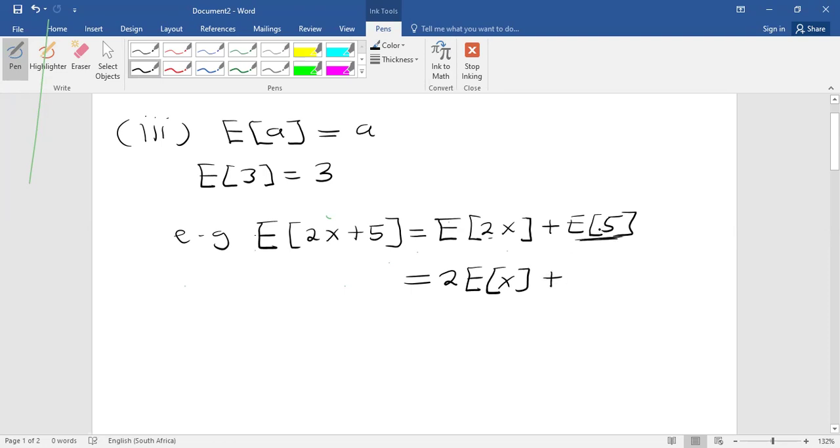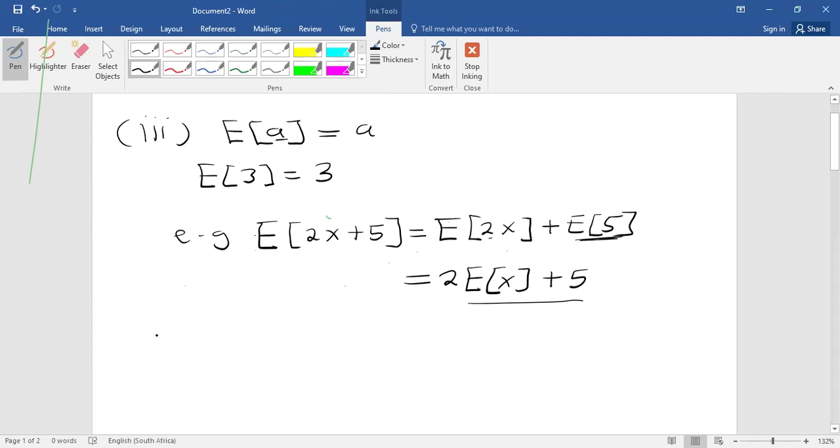As long as that constant does not contain the variable, it's just the constant itself. This comes from the linear property, which is the second property. But our main concern is that the expected value of a constant will give you the constant itself.